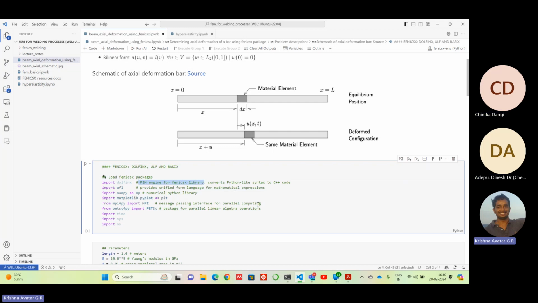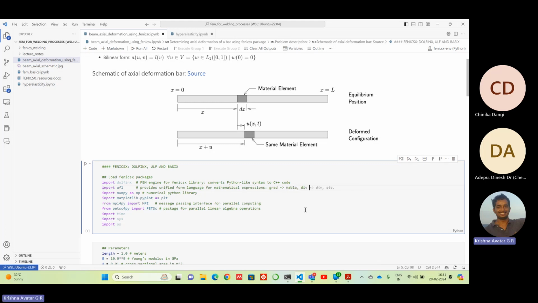It does everything FEM, all those helper functions, and that is actually contained in the Dolphin package. And UFL, its aim is to provide a unified form language for mathematical expressions, such that if you write grad, that is equivalent to applying the nabla operator.